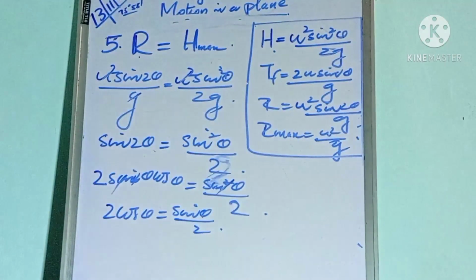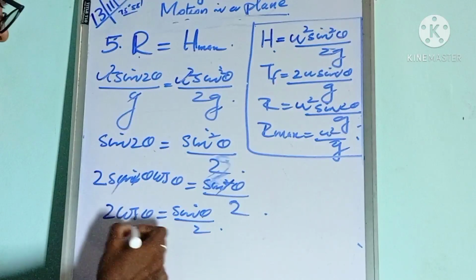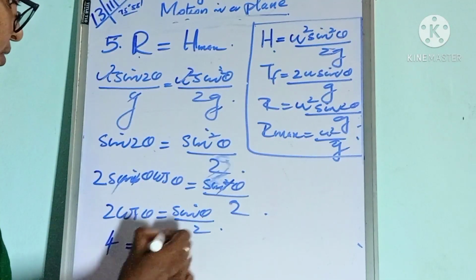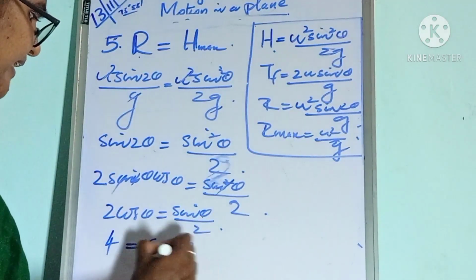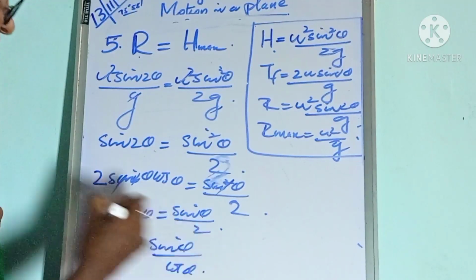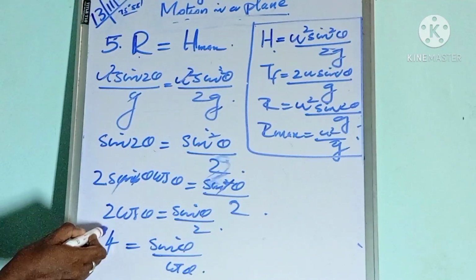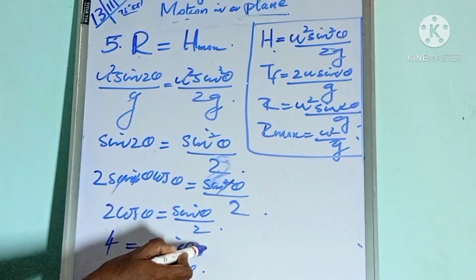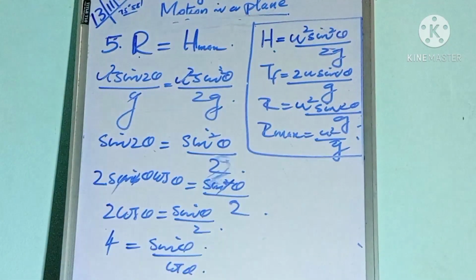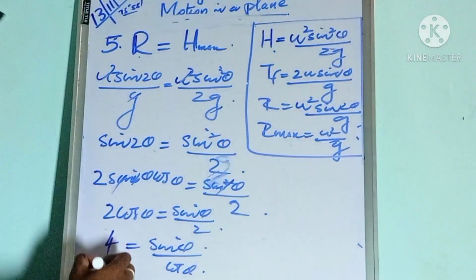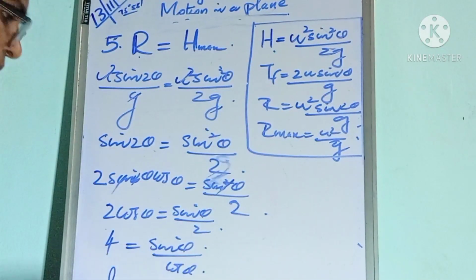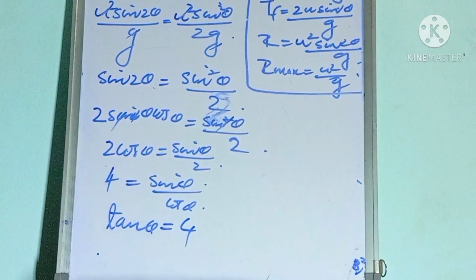Here we can cross multiply: 4 is equal to sin theta divided by cos theta. Is it clear? You know sin theta by cos theta is tan theta. So tan theta is equal to 4.